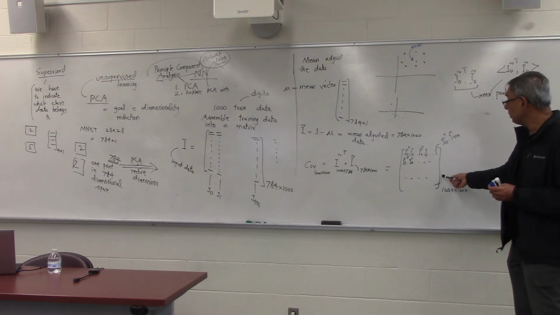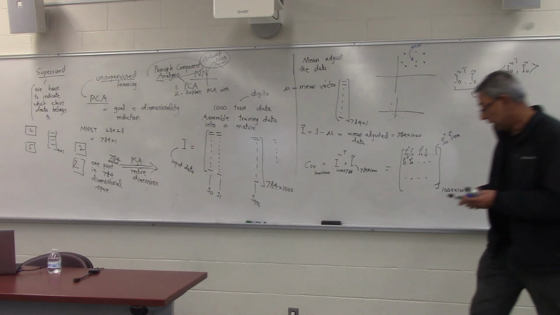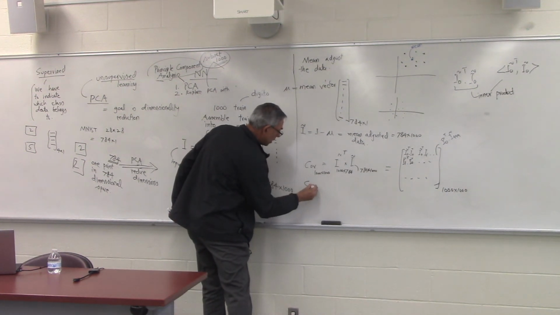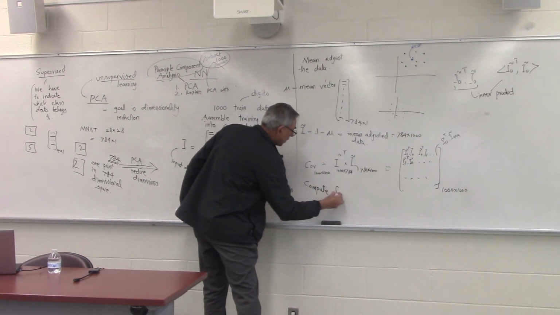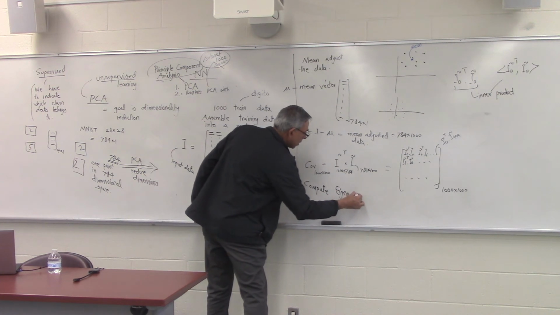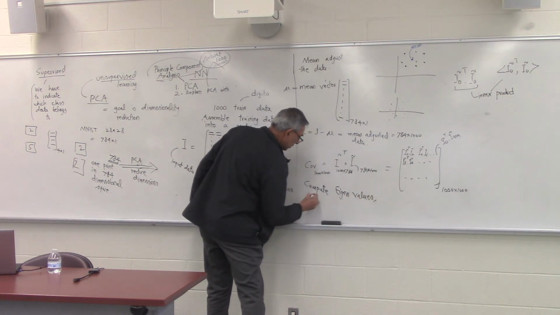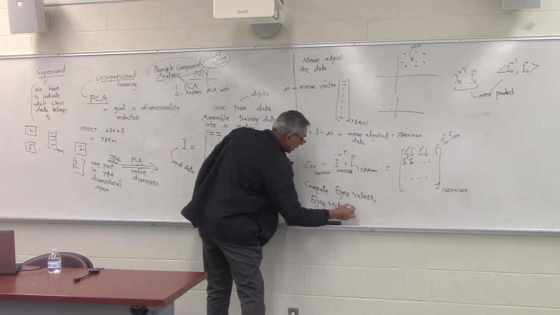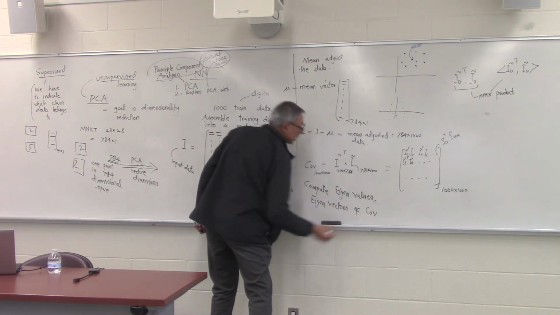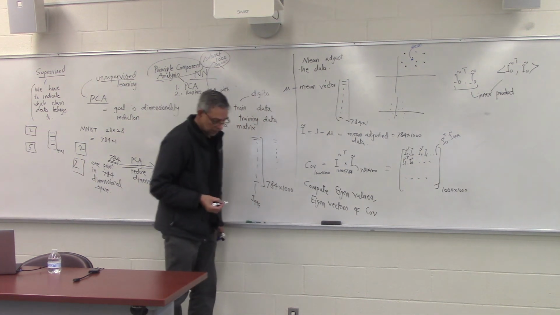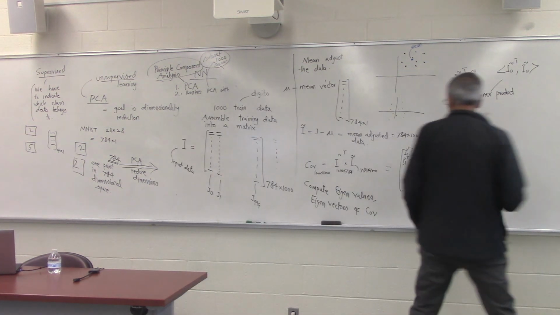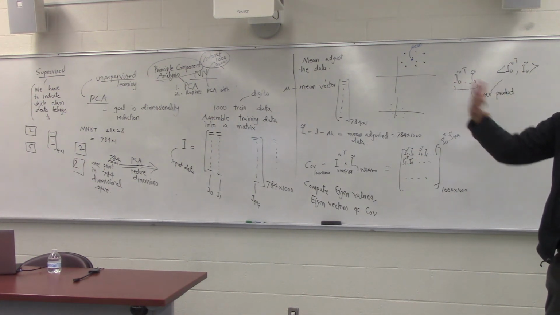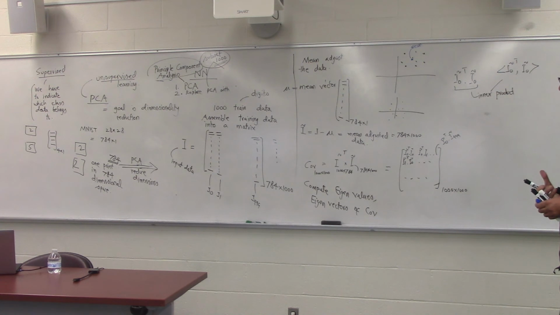So anyway, once we have created the covariance matrix, our next step is to compute eigenvalues and eigenvectors of the covariance matrix. If you have forgotten what eigenvalue and eigenvector are, you can look up Wikipedia for a quick refresher.